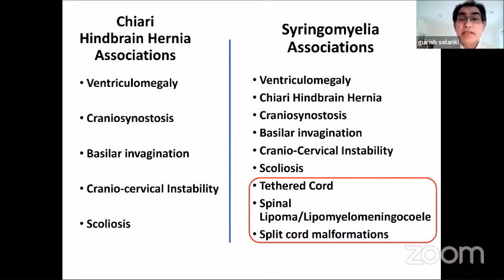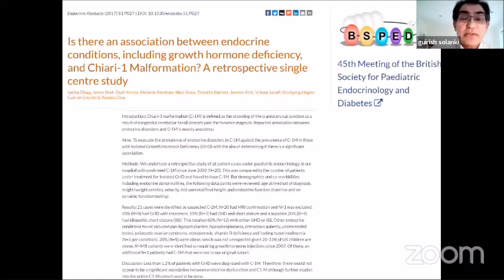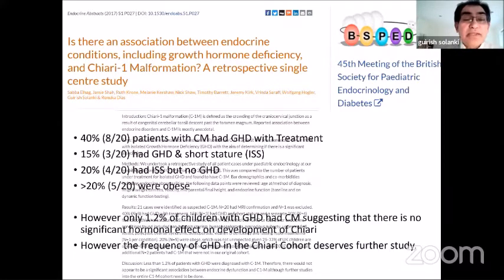And the other study that has not been well reviewed or investigated is that in Chiari 1 malformations, there's a clear relationship now with endocrine insufficiency. And we did our own study here in Birmingham, which identified quite significant findings.